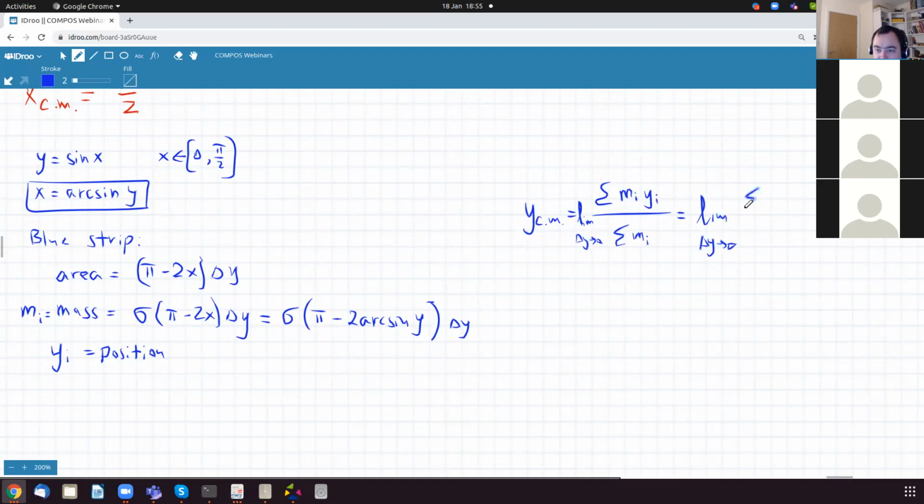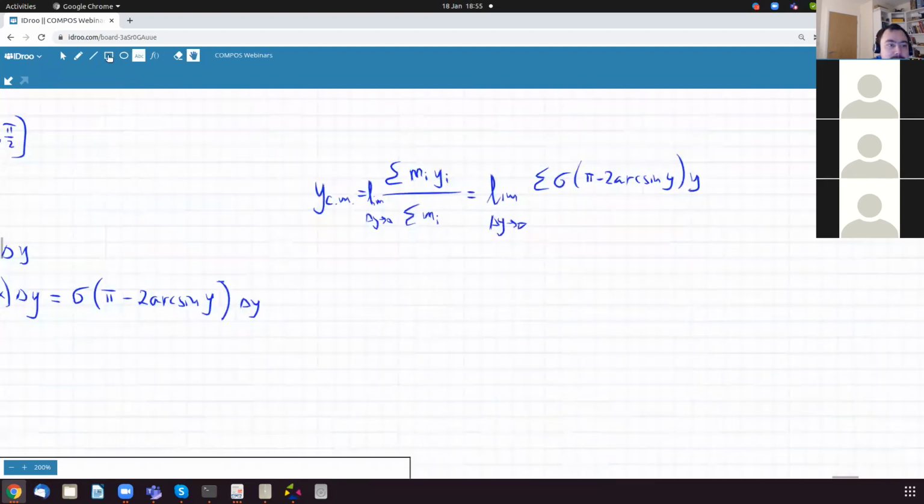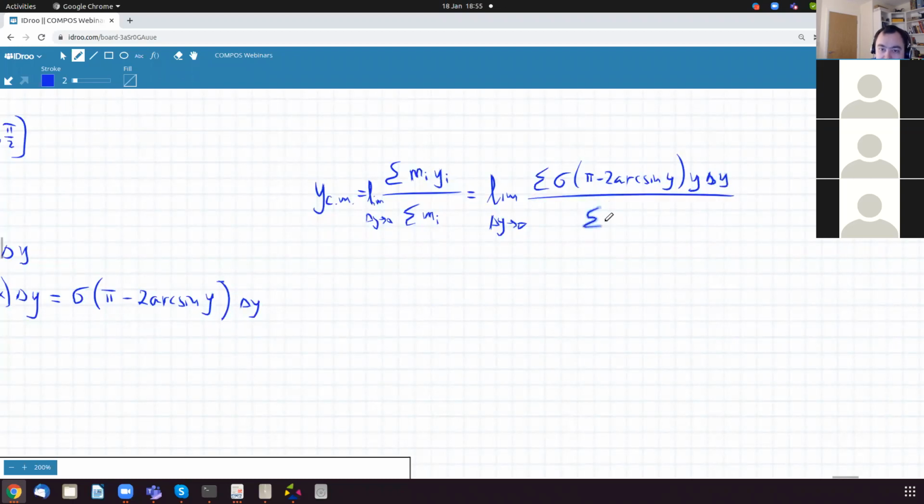So the sum of mi yi is going to be sigma times pi minus 2 arc sine y, then y delta y, divided by the sum of mi.